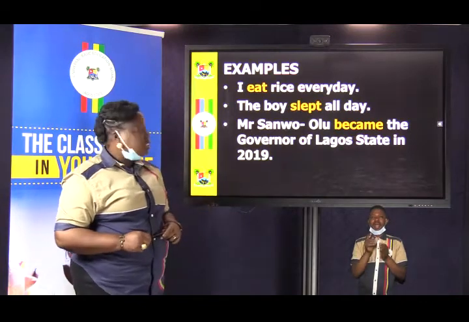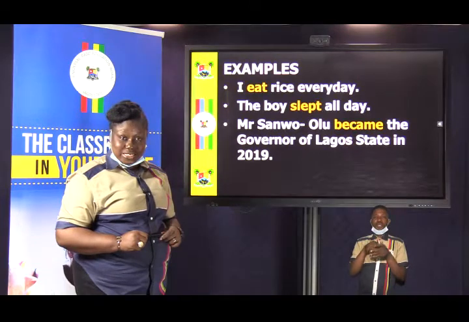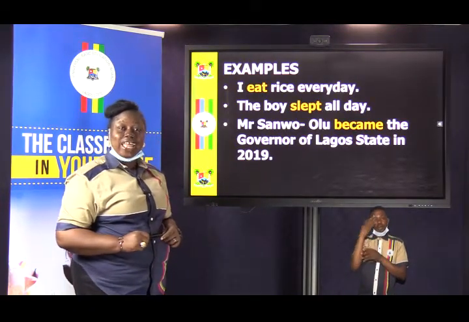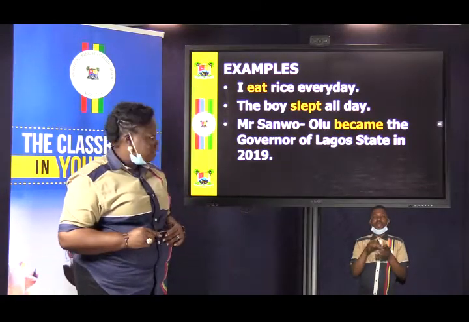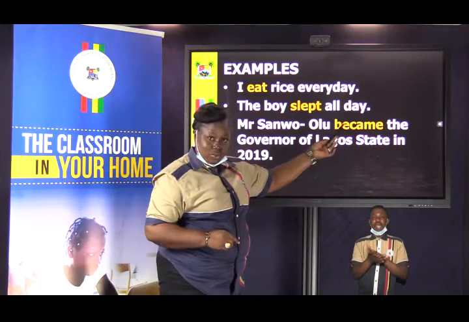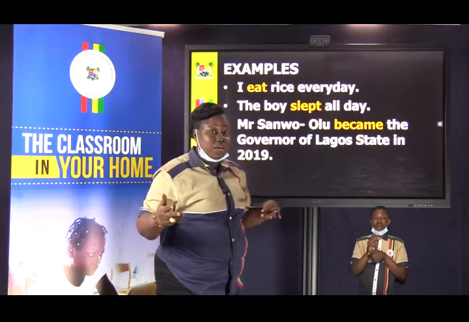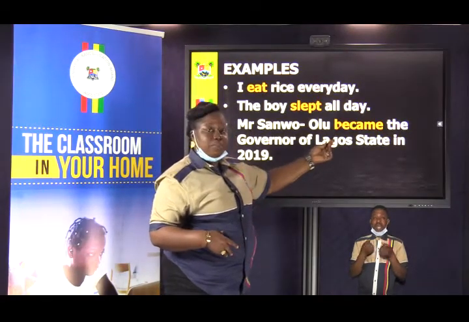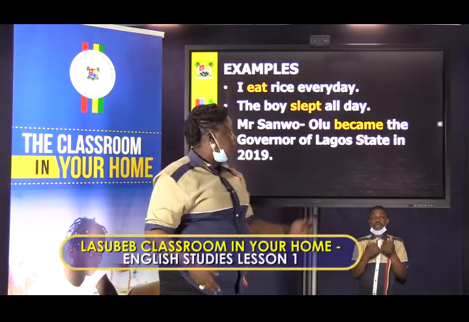Another example: Mr. Sanwo-Olu became the governor of Lagos State in 2019. What is the verb in that sentence? Became. Don't forget we said verbs also express state of being. So, here is an example of a verb expressing state of being.